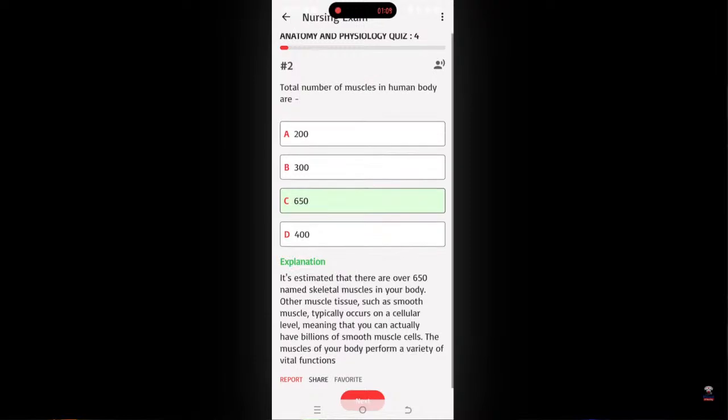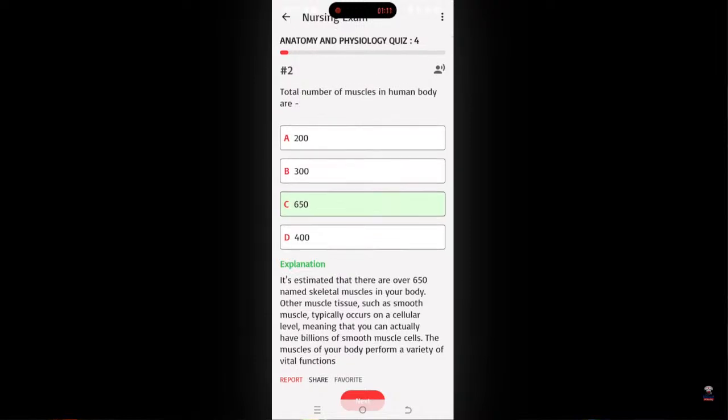Correct answer. It's estimated that there are over 650 named skeletal muscles in your body. Other muscle tissue, such as smooth muscle, typically occurs on a cellular level, meaning that you can actually have billions of smooth muscle cells. The muscles of your body perform a variety of vital functions.